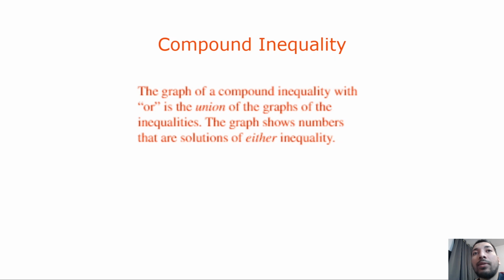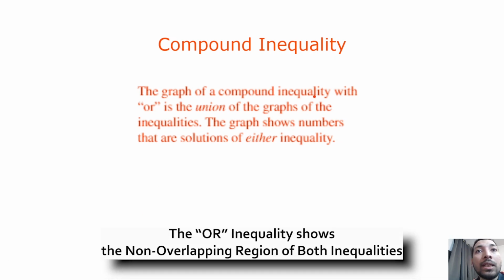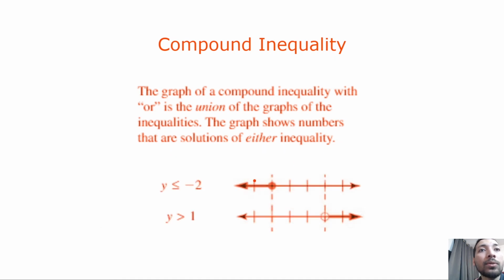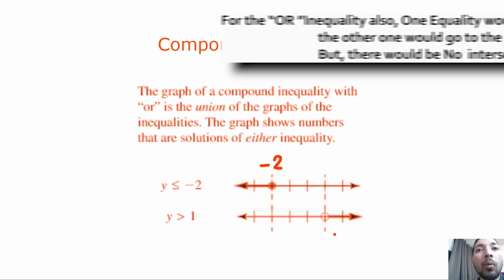Now we'll see the graph of a compound inequality with or. The graph of a compound inequality with or is the union of the graphs of the inequalities. In this case, the graph would show the numbers that are solutions of either inequality. Let's look at an example over here. Here we have y less than or equal to -2. And here we have y greater than 1.